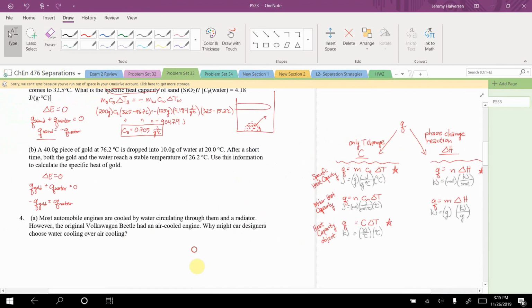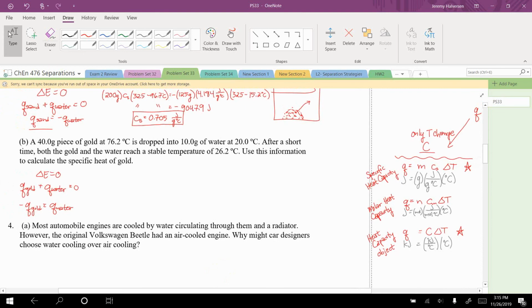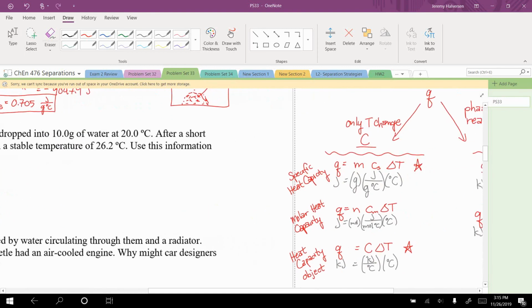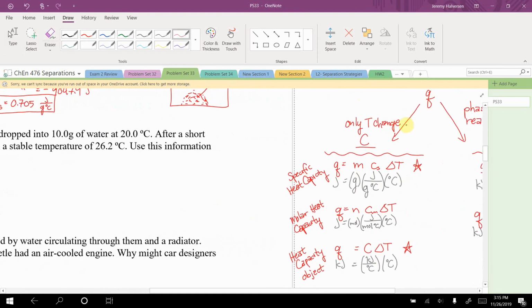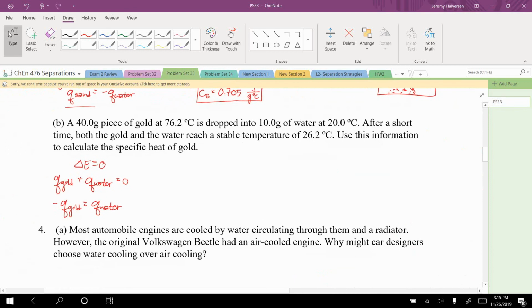All right. What's happening to my gold? Again, you ask a first grader what's happening, they'll say it's getting colder, maybe. So then I'm just changing the temperature. Because I'm only changing the temperature, I'm going to use an MCΔT. So don't forget that negative sign. And we have M gold, C gold, delta T gold.